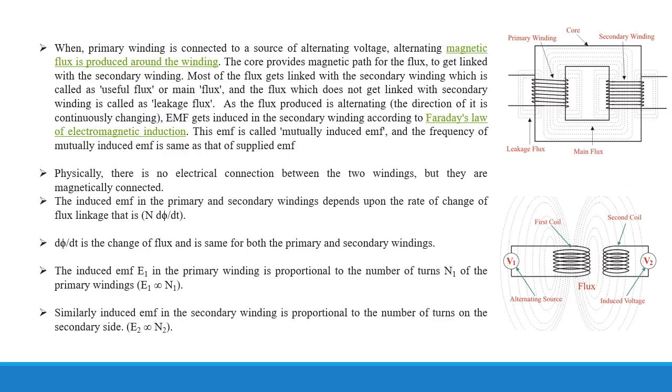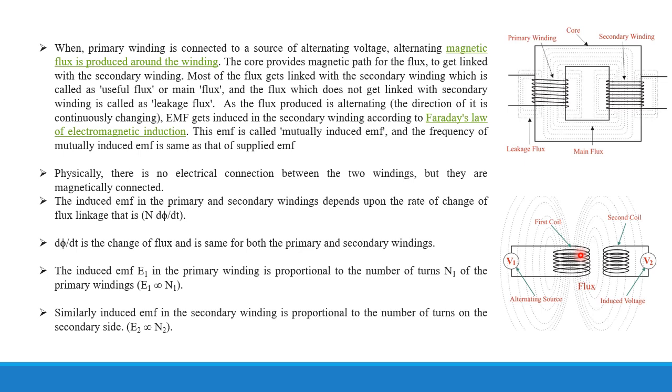When the primary winding is connected to a source of alternating voltage, an alternating magnetic flux is produced around the winding. The core provides a magnetic path for the flux to get linked with the secondary winding. Most of the flux gets linked with the secondary winding, which is called useful flux or main flux. The flux which does not get linked with the secondary winding is called leakage flux.